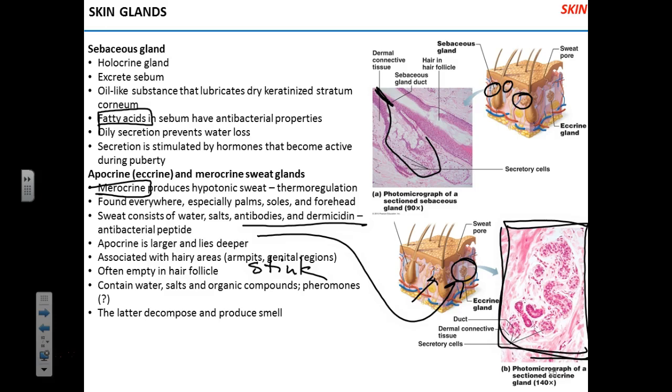Another hypothetical component of the apocrine sweat is pheromones. Okay? Now, what are the pheromones? Can anyone tell me? No? Good.